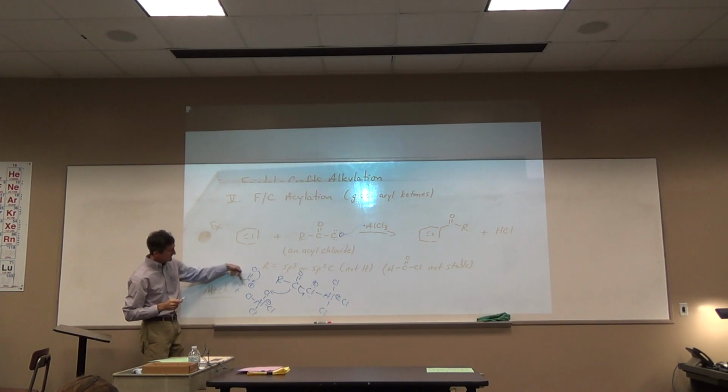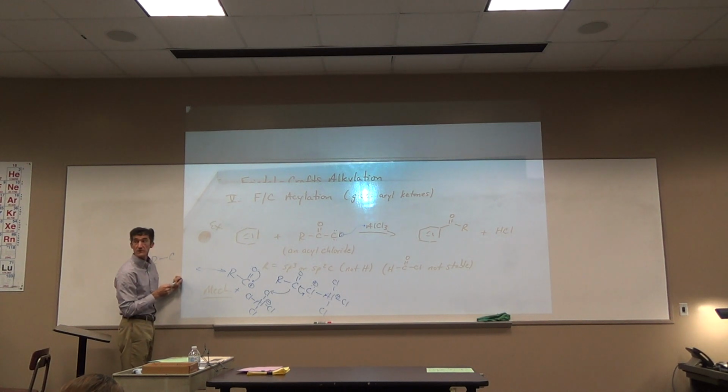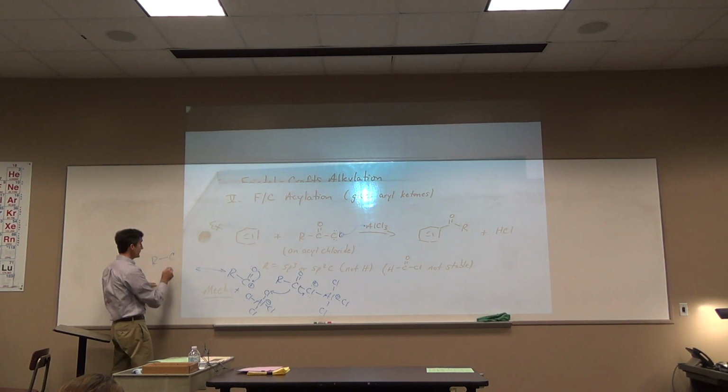How many bonds to oxygen now? One. I was moving the wrong electrons. There's two there, and then we make another. That should be three, right?